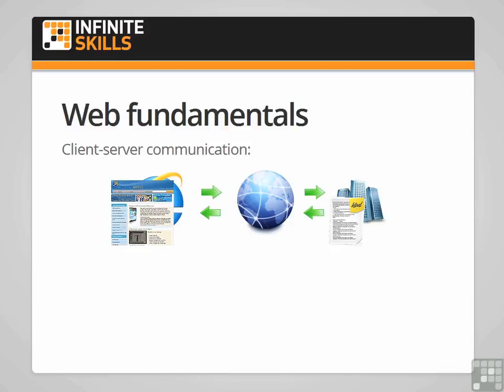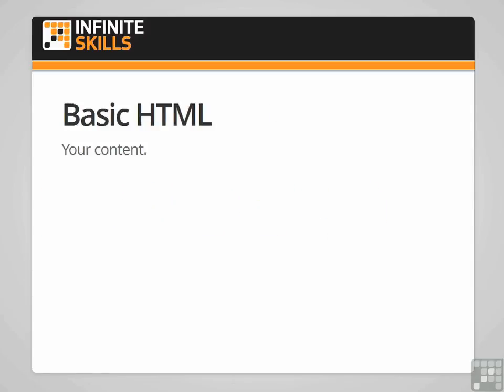Now in these videos, we're mainly concerned with the browser rendering. That's this side of the diagram. It's commonly known as client-side code. It will help if you have a basic understanding of HTML. In these videos, we're going to be using HTML5, but it really doesn't matter whether you prefer HTML4 or XHTML1. HTML defines your content.